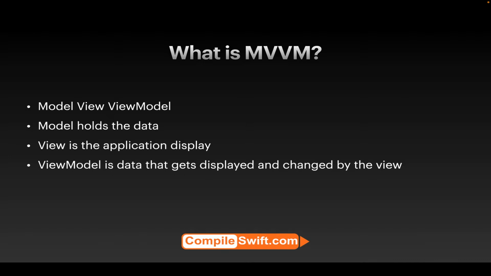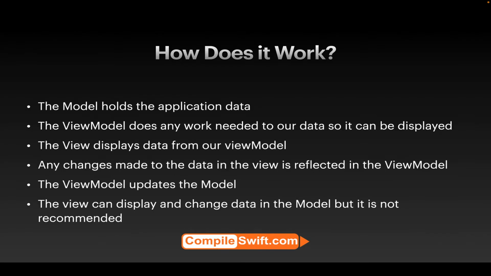I'm going to give you an example in this video. What we're going to do is create a date time in our model, and we're going to need to change and format that in some way to be displayed the way we want it to be displayed. The idea here is that the model knows about itself and it has its data.